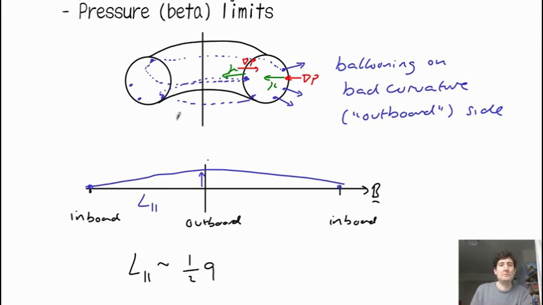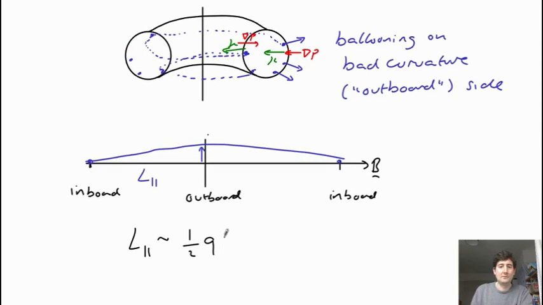So if q is equal to 4, for example, then we would need to go around twice around the machine to go from the inside to the outside. And every time we go around the machine, the distance is roughly 2 pi times the major radius.